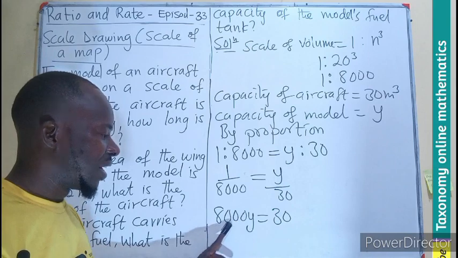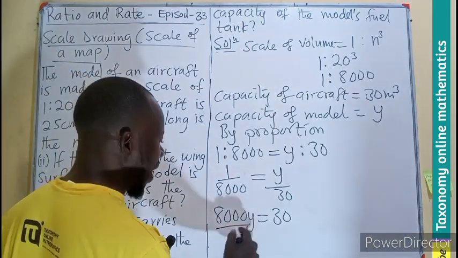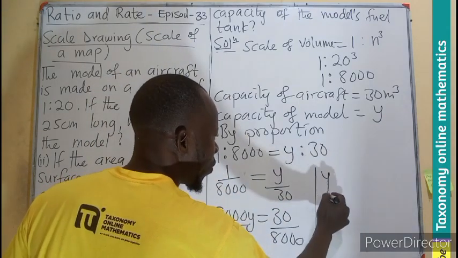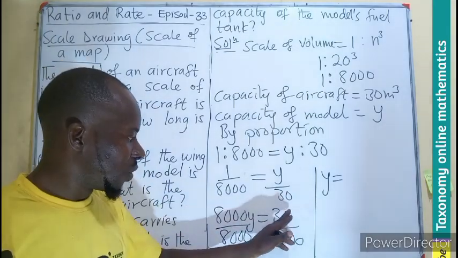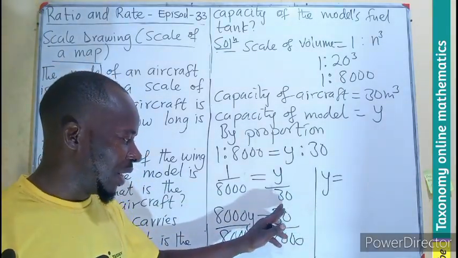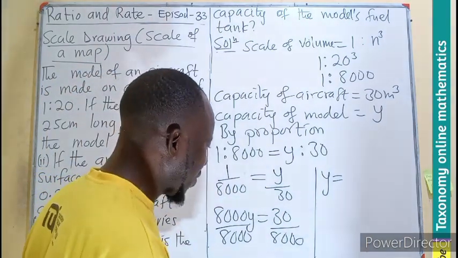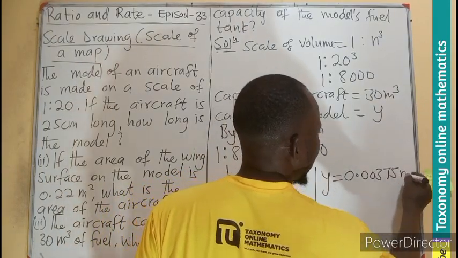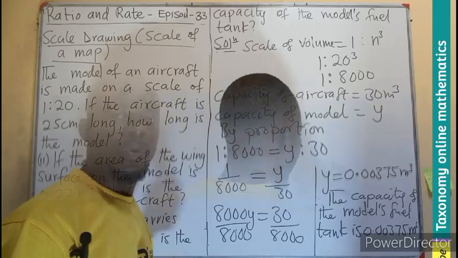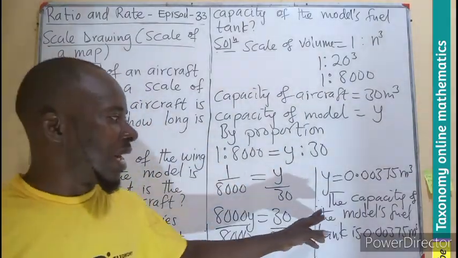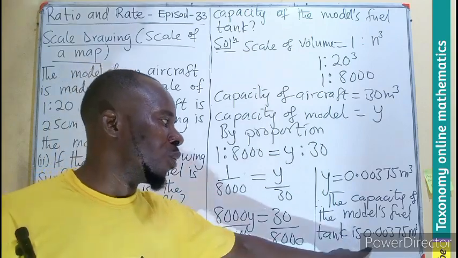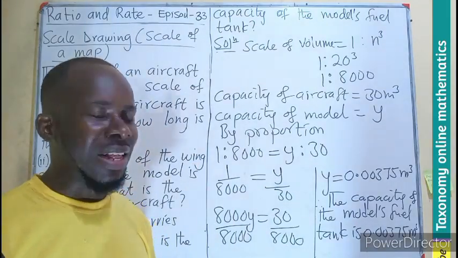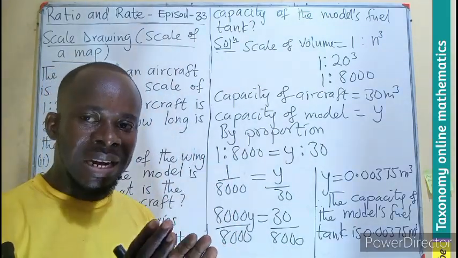We divide by the 8,000 since you're looking for y. So divide here by 8,000, here by 8,000. So y will be equal to, this will cancel this, you're left with 3 divided by 800. And that will give us 0.00375 meters cube. Therefore, we can conclude that the capacity of the model's fuel tank will be 0.00375 meters cube.